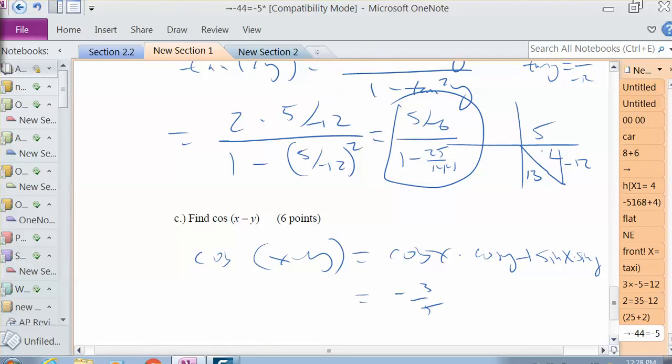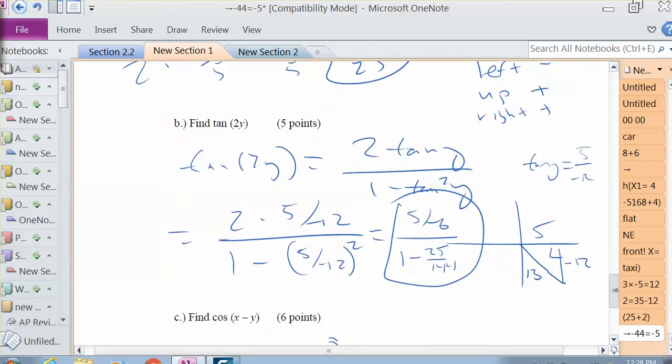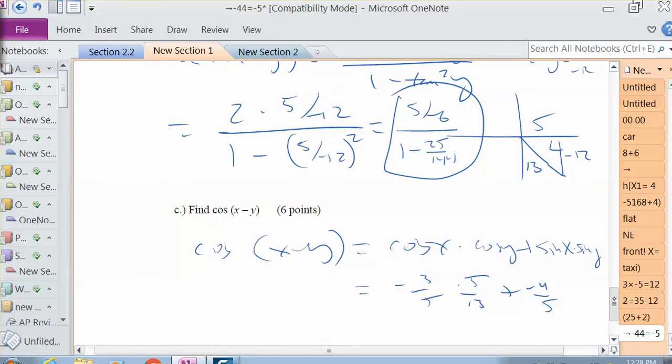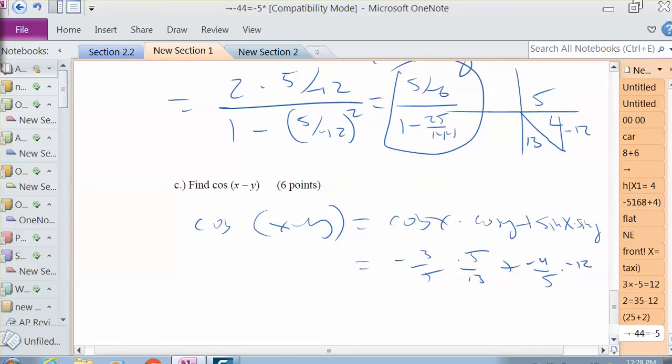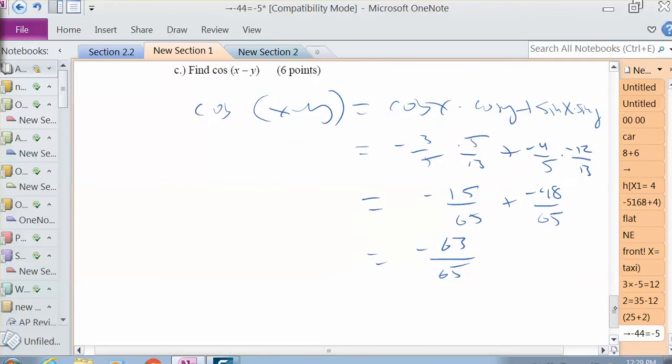Cosine y is going to be 5/13. Sine x is negative 4/5. Sine y is negative 12/13. So you get negative 15 over 65 plus negative 48 over 65. You should get negative 63 over 65. So again, that's all that happens there.